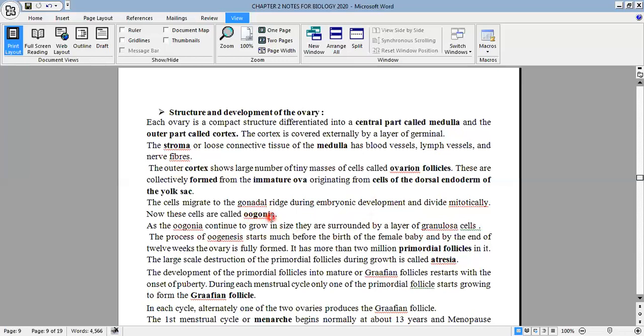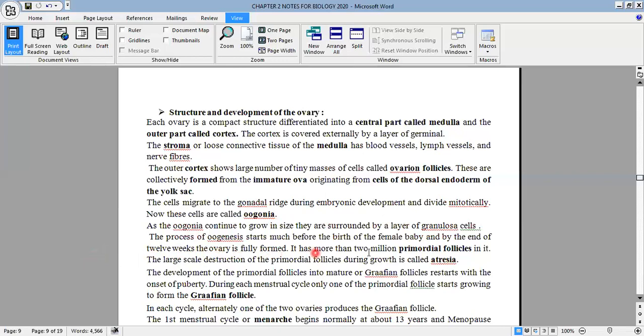All these oogonia will start their development in the ovary itself, and that too before the birth of the female child. Initially, oogonium is surrounded by a layer of granulosa cells, and here it starts with the process of oogenesis. By the end of the 12 weeks of the fetal development, the ovary is fully formed.